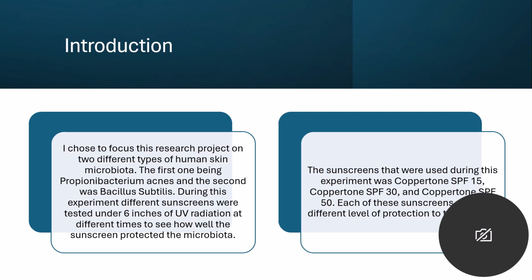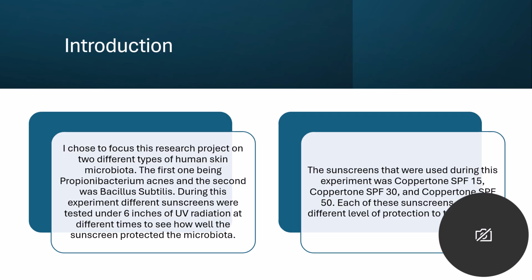So first, we were given two different types of human skin microbiota. The first one being Propionibacterium acnes, and the second was Bacillus subtilis. During this experiment, different sunscreens were tested under 6 inches of UV radiation at different times to see how well and how long the sunscreen protected the microbiota.